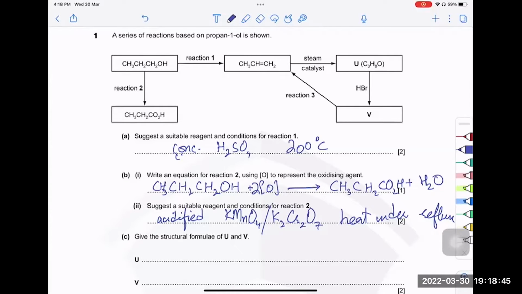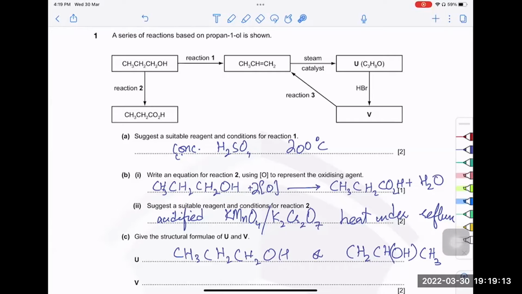So one is propan-1-ol, which is CH3CH2CH2OH, the one that we started with, and the second option is CH3CHOHCH3. Basically, the difference is where the H and OH from water go. They can either go to this carbon or to this carbon. Now, where they will go depends on where the carbocation is formed.